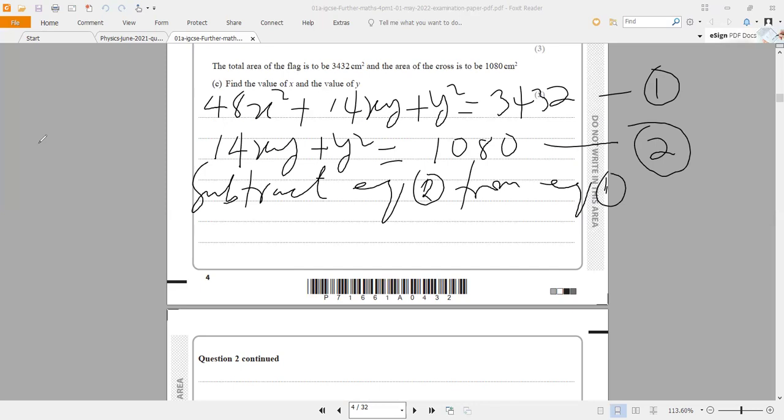So we have, this will go, and this will also go. So we have 48x squared equals 3432.